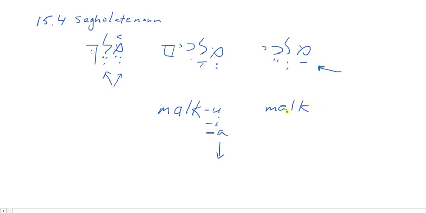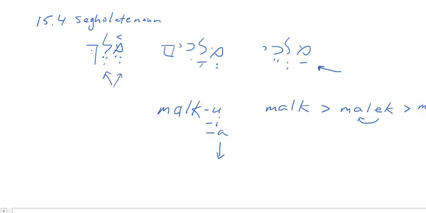And because of this consonant cluster at the end of the word, what Hebrew did was it ended up adding or inserting a vowel to break up the consonant cluster. So malk became malek. And then, as this would have been a segol, the last thing that happened was that this segol influenced the original vowel and caused it to harmonize.